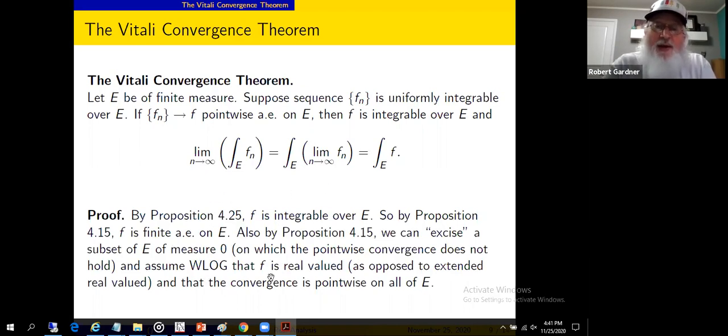So without loss of generality, we can toss out places where we might have to deal with the infinity stuff and places where we might not have pointwise convergence. Both dealing with sets of measure 0. Throw them out. They don't affect values of integrals, 4.15. And without loss of generality, we can say our limit function is real valued and that we've got the convergence pointwise throughout set E.